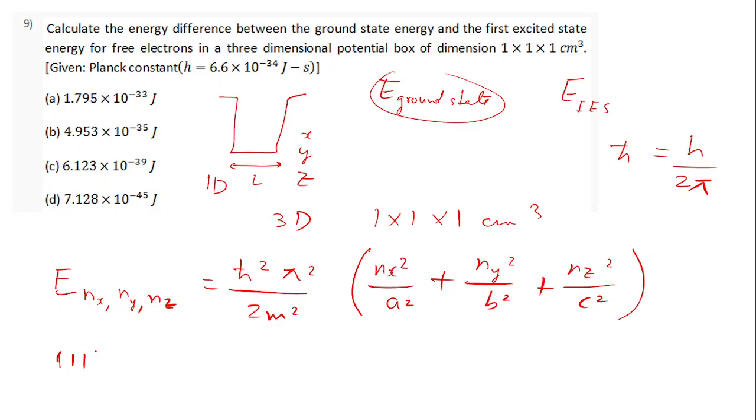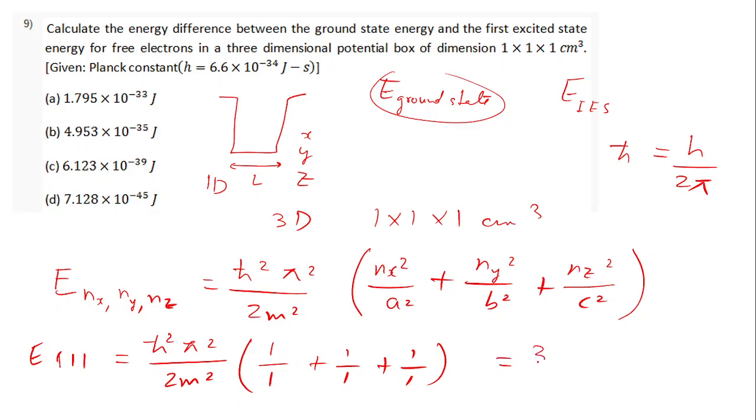So the ground state will be 1, 1, 1, and the energy corresponding to that will be h bar square pi square divided by 2m, and here 1 square of 1 is 1, so 1 by 1 plus 1 by 1 plus 1 by 1 means 1 plus 1 plus 1, which is 3. So this is 3 times h bar square pi square divided by 2m. This is the energy of the ground state.